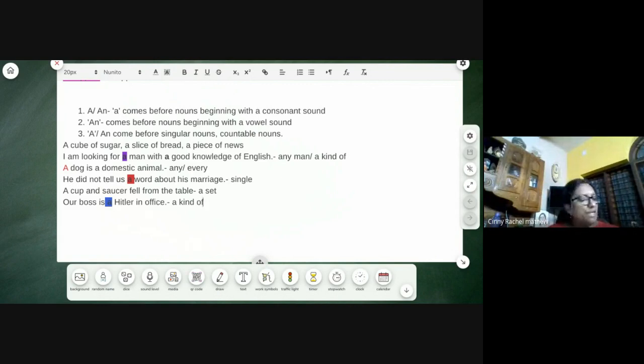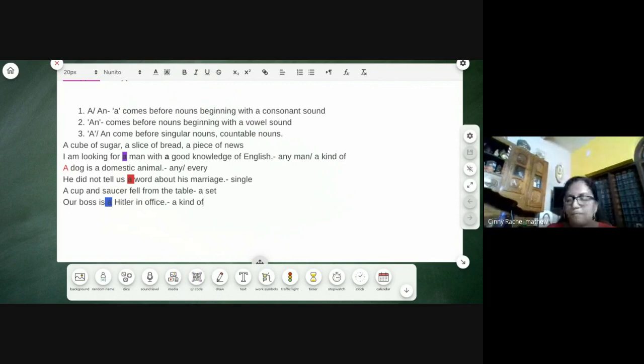Okay. Now we come to an. We know that an is used before a vowel sound.